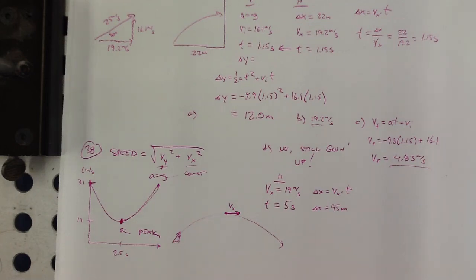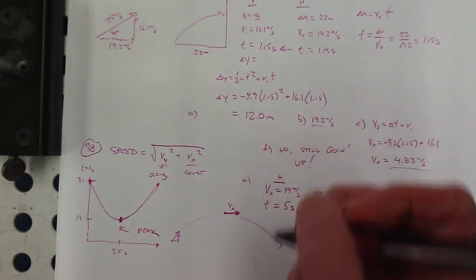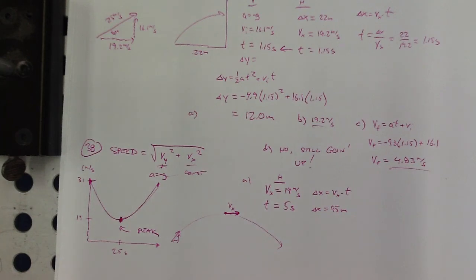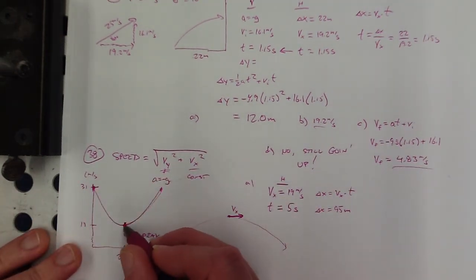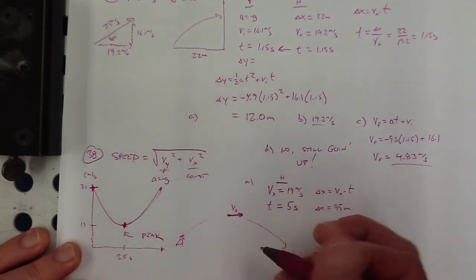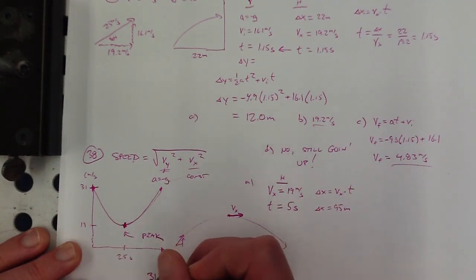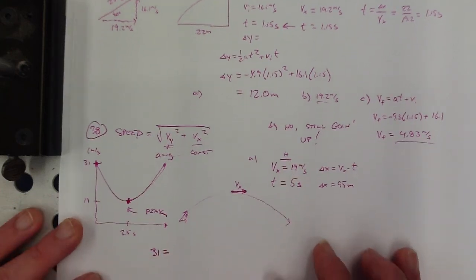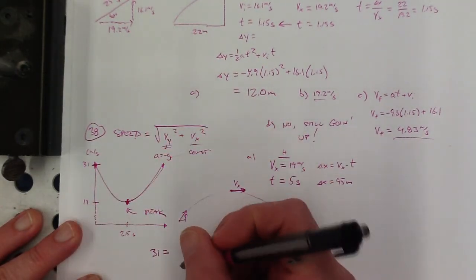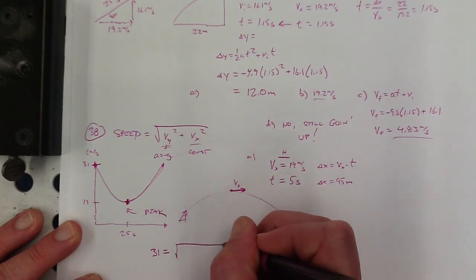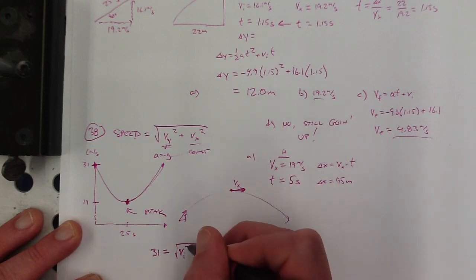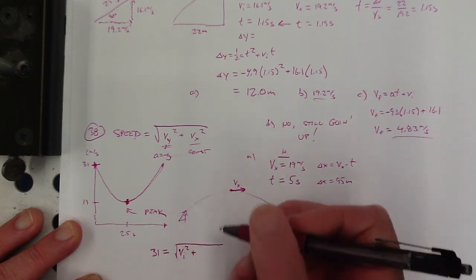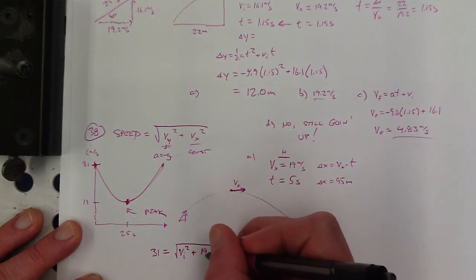Right? And then, that's part A. They are also asking what is the maximum height above ground level attained by the ball? Well, what I know is that the speed, 31 meters per second, which is the speed at time 0, is equal to the square root of Vi squared, where Vi is the vertical velocity at time 0, plus Vx squared, and Vx is constant, it's 19.